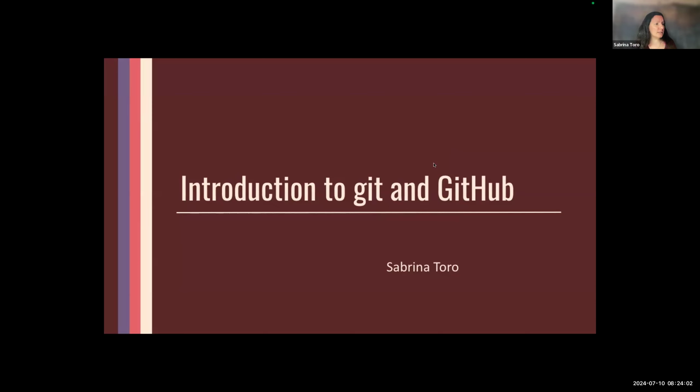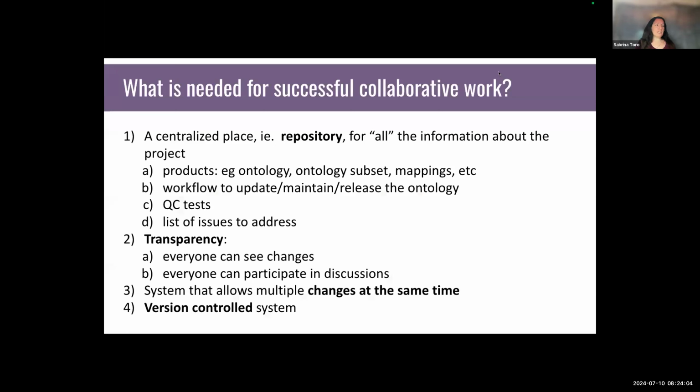So here we are. If we think about working all together towards the same project, because it's an OBO tutorial, I'll be really focused on an ontology project. What do we need? First of all, we need a place where we have all the information we need about the project. This is what we would call a repository.